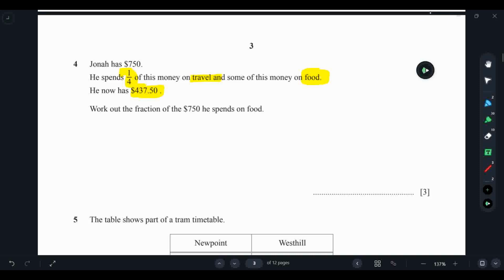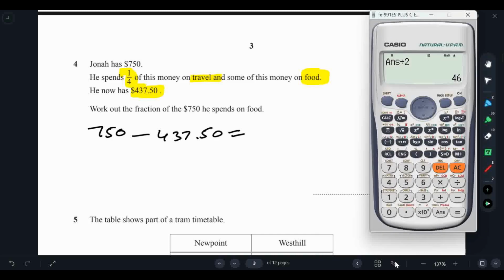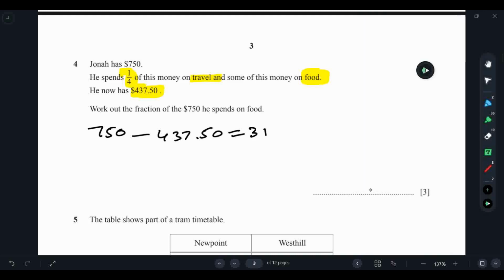So this will be 750 minus 437.50, which equals 312.50. Now this is the amount he has already spent. So money spent will be this one.